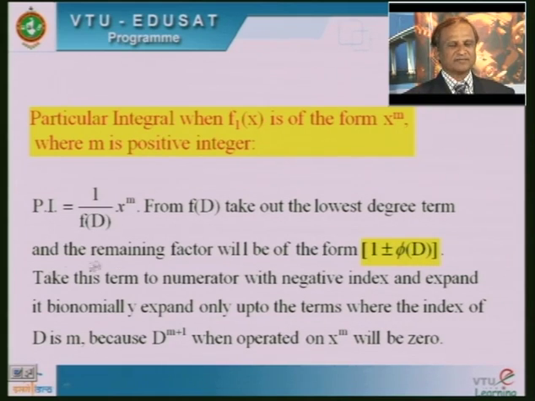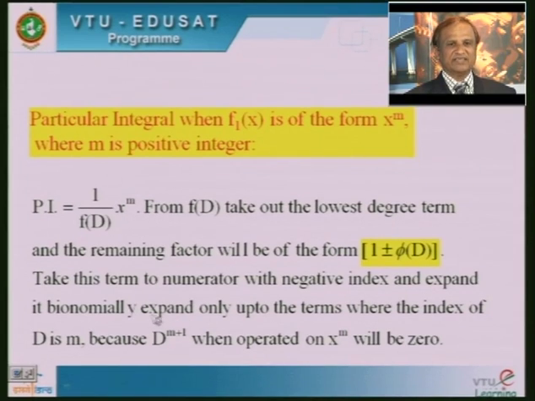After that, take this term to the numerator with a negative index and expand it binomially. Expand only up to the terms where the index of D is m. Is it clear? Because D raised to m plus 1 when operated on x raised to m will be 0. Alright. So, you observe that the right hand side member may be x to the power m, where m may be a positive integer.